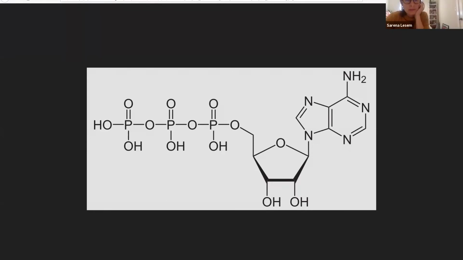That is the actual molecular formula for this thing. I need to draw. Why isn't this working? For some reason my annotation isn't working properly.